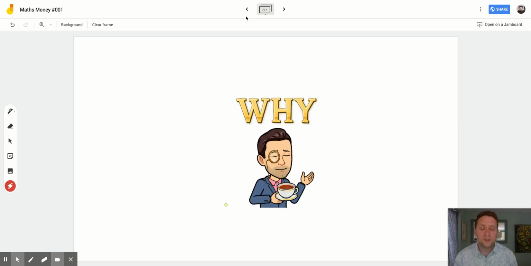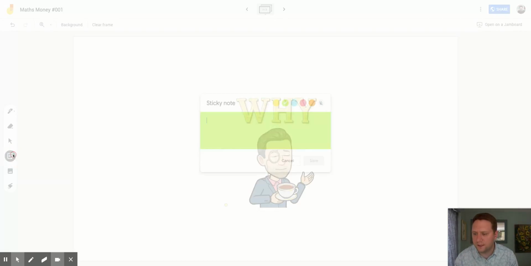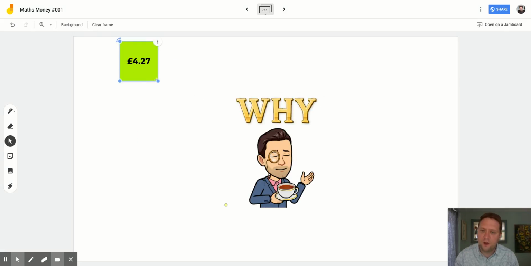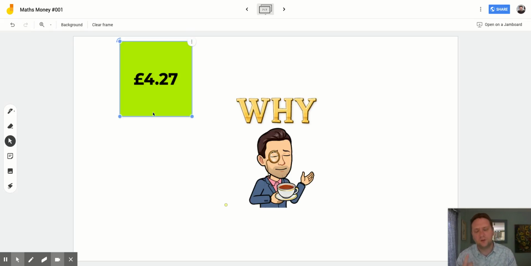Well, I suppose you've got to think that if you're buying something for, let's say £4.27, then if we only had the 1p coin, let's write that down, it might make some more sense. £4.27. If I only have 1p's to make that amount, that means that I've got to count out 427 pennies every time I want to buy something for just £4.27. So that makes no sense.